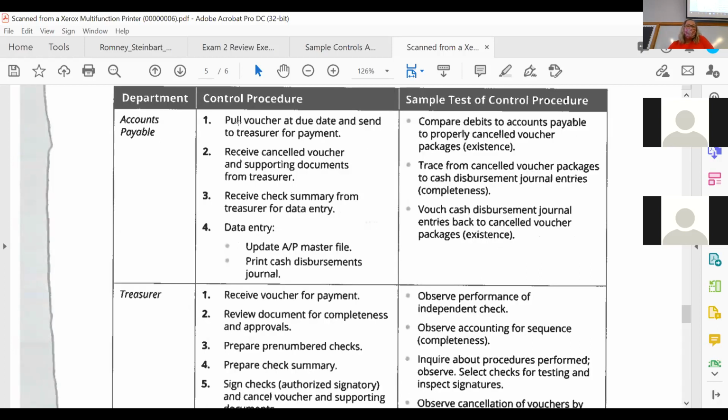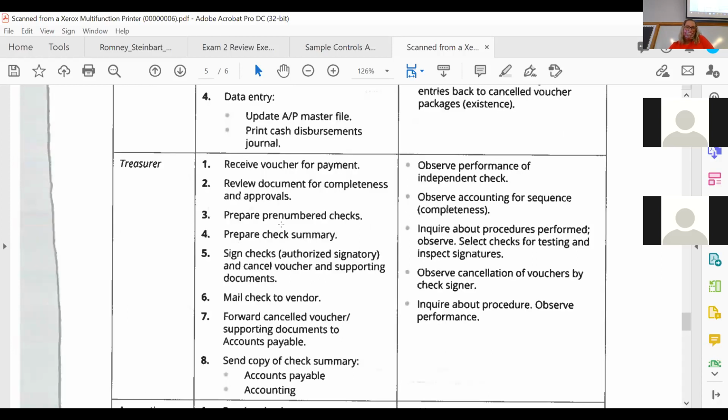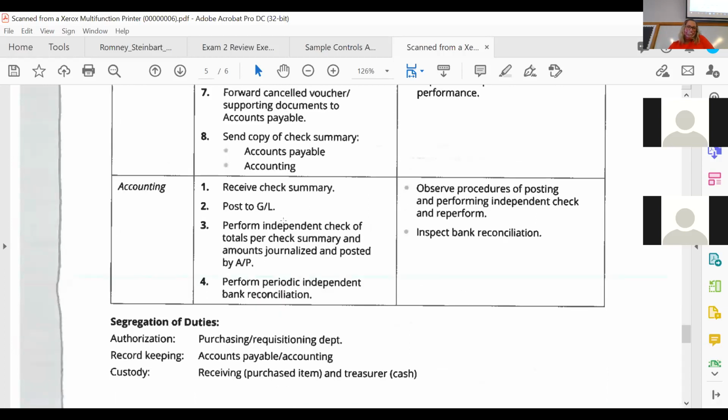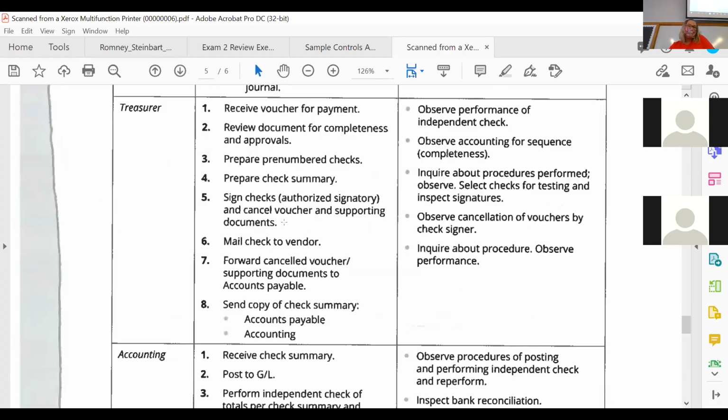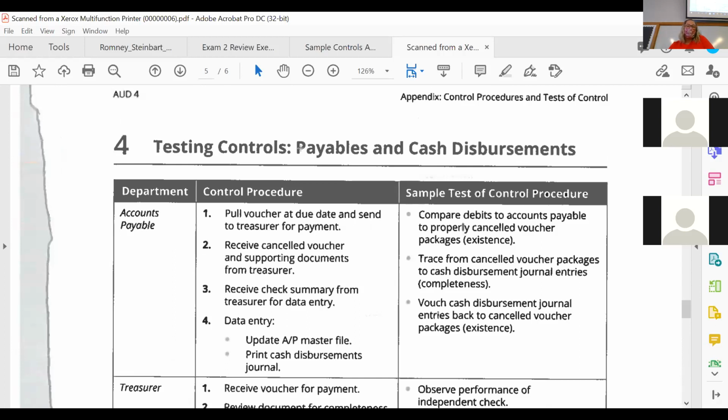So the difference here would be, instead of a voucher, it'd be a paid slip. That would really be the only difference. The starting process is a time card or a record of hours worked instead of a payment voucher.